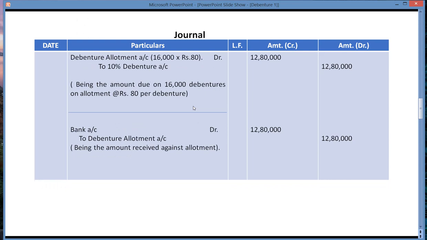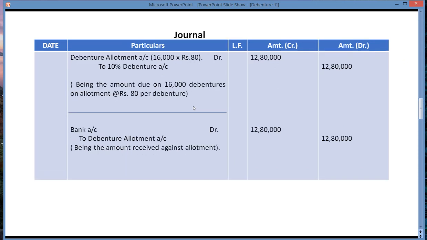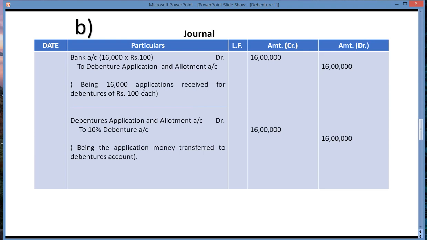We had to receive 16 lakhs: 12 lakhs in allotment, 3 lakh 20,000 in application, so total 16 lakhs. They have received the entire 16 lakhs at one go, so bank account debited to debenture application and allotment account, and debenture application and allotment account debited to 10% debenture account. If you receive at one go, with two journal entries the entire sum can be recorded.